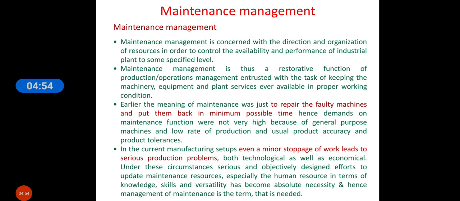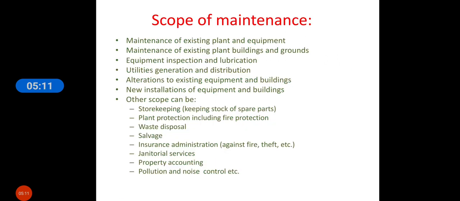So nowadays in this scenario maintenance plays a very prominent role. Maintenance management is a very crucial part of your production and operation management, because the scope of maintenance is now increasing.